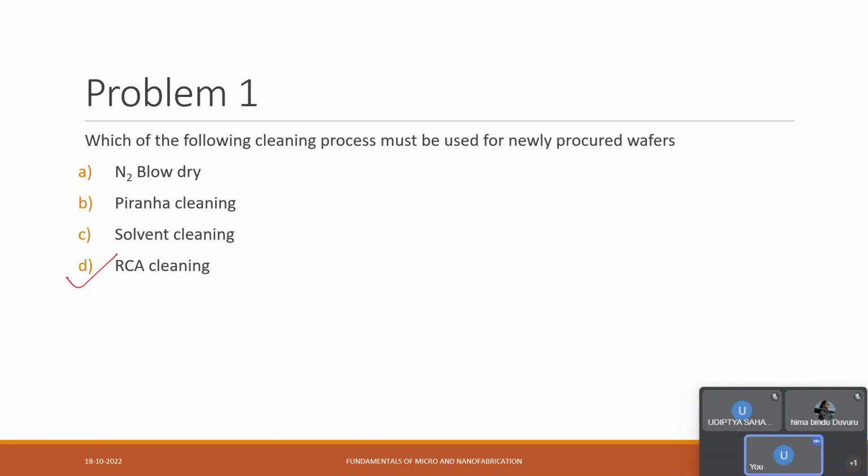Piranha cleaning is crucial for removing metal contaminations. Solvent cleaning is for contaminations soluble in one solvent, where the wafer is dipped in that solvent and cleaned. Inside RCA cleaning there are three different kinds of cleaning, and that takes care of mostly all the contaminations, so it is recommended for newly procured wafers. So RCA cleaning is the answer.